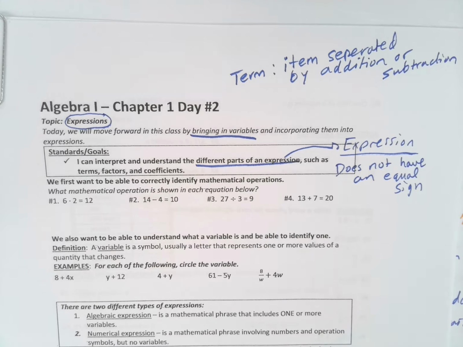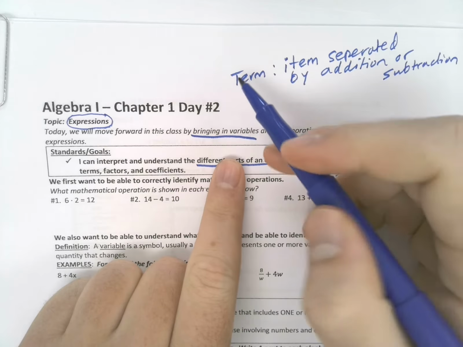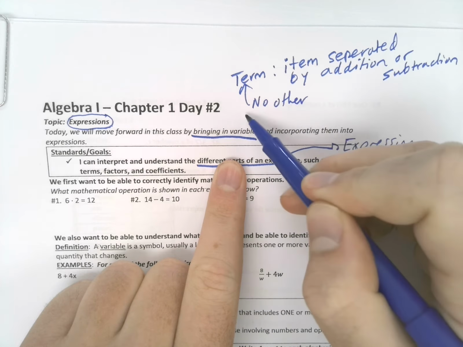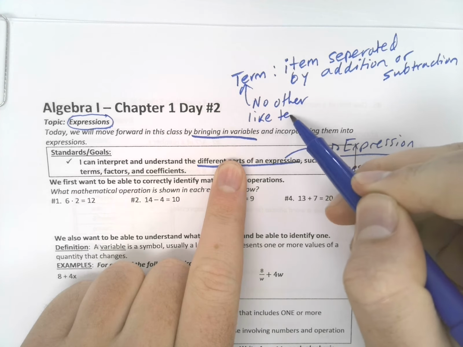Now, there's a very key difference as to what makes something its own term, and that is there are no other like terms.